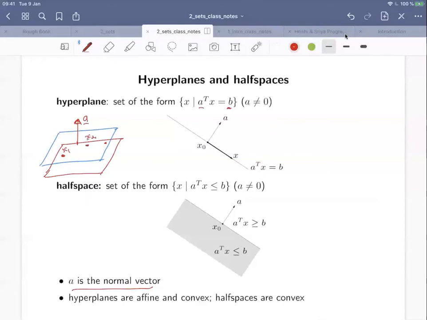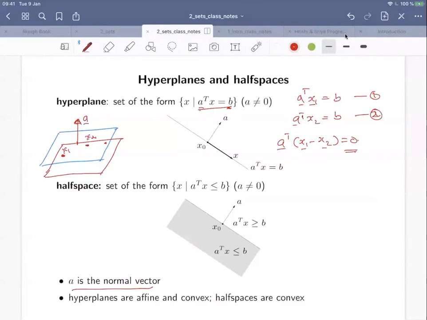So these are two vectors in this hyperplane. And so then what can we write? From the definition of the plane, A transpose x1 equal to B, A transpose x2 equal to B. Then if you subtract these equations, we can write A transpose (x1 minus x2) equal to 0.